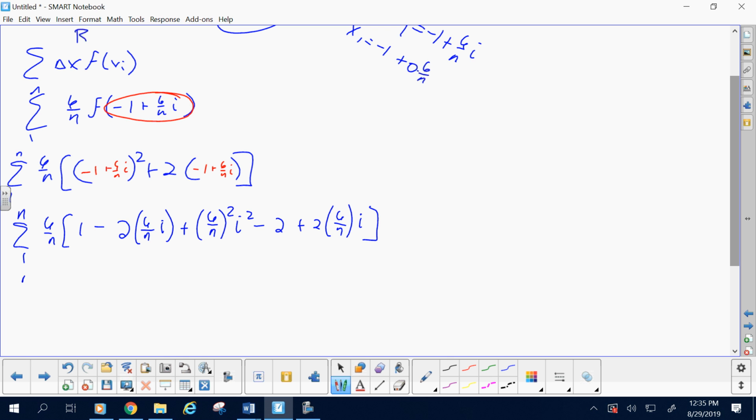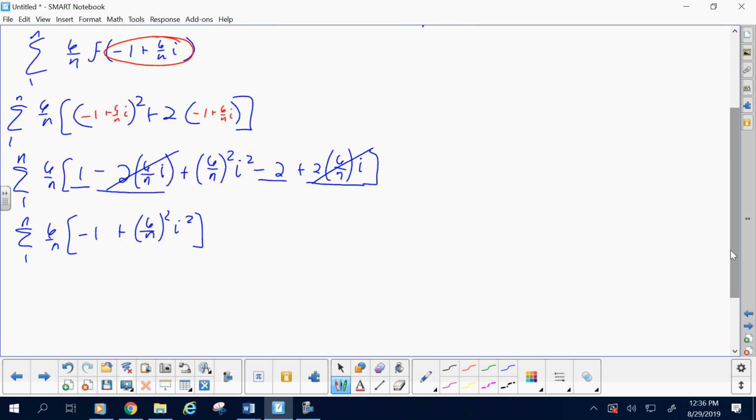Okay, now let's talk cleanup. The 1 and the -2 are constants, and that goes up to -1. Blessedly, I have a -2 6 over n i's and a +2 6 over n i's, so they drop away, which is the way. And then I have a 6 over n squared i squared. Cool?